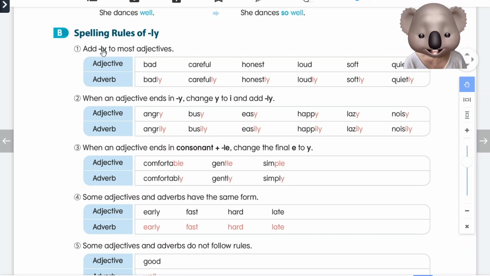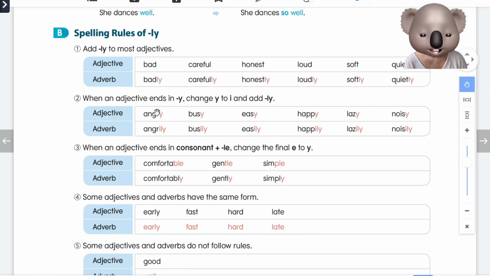Let's look at the spelling rules of ly. 보통은 we add ly to most adjectives. Remember, adjectives describe the noun. For example, bad, careful, honest, loud, soft, quiet. If we change it to an adverb, we need to add ly. 어느 식으로 했는지. So bad would become badly. When an adjective ends in a y, we need to change y to ily.